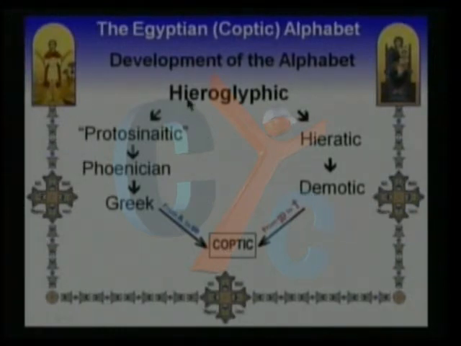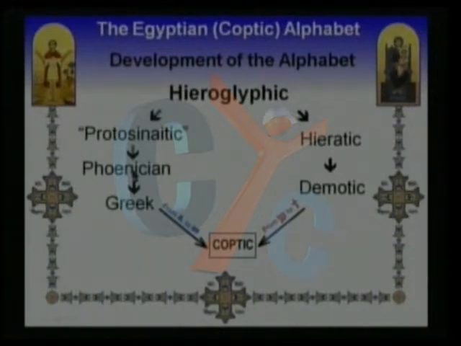The other 26 are indirectly from the hieroglyphic through what's called Proto-Semitic and other alphabets of Semitic people, who took these letters from the hieroglyphic as many of them were workers in the mines in Sinai. And then the Phoenicians took these alphabets and developed their own alphabet.